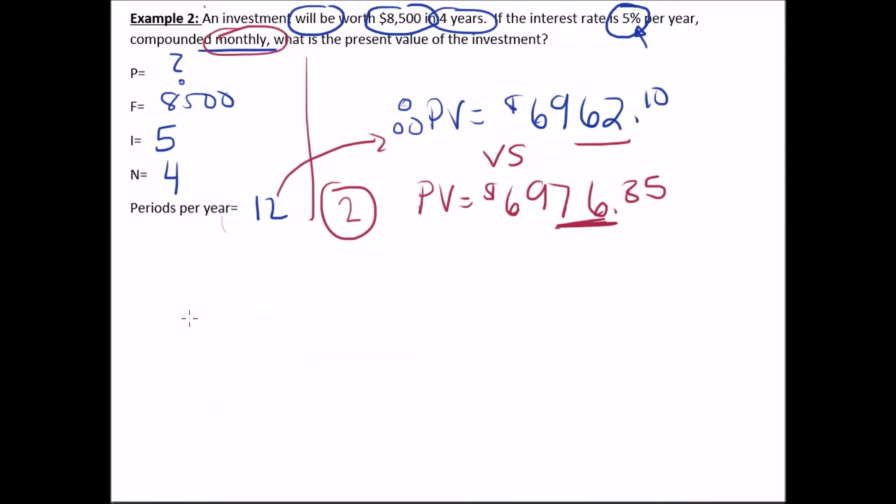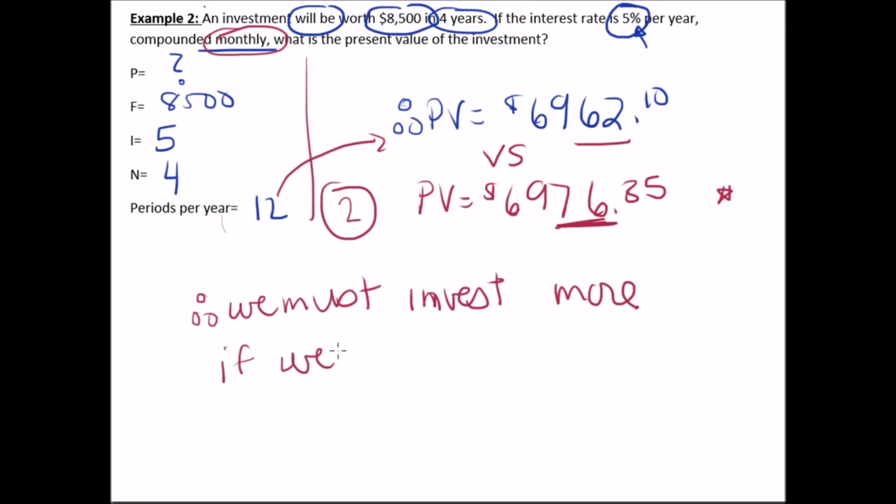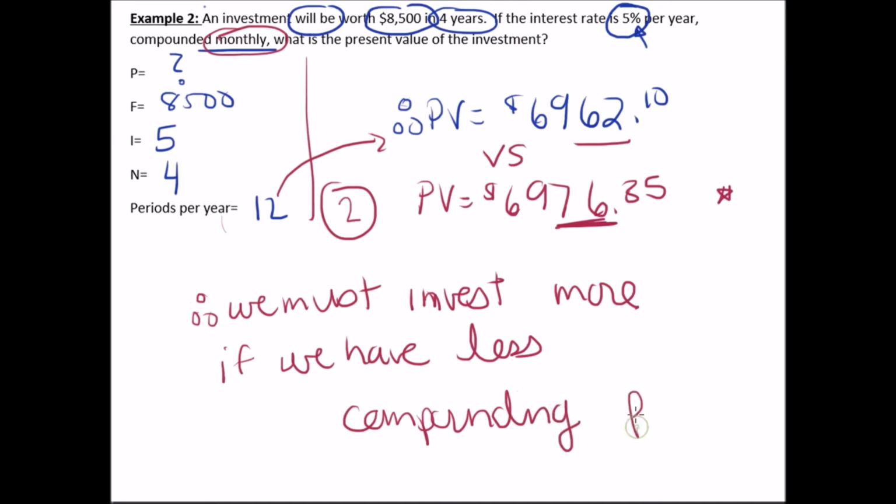So therefore, we can just come to a conclusion: we must invest more. And we have to invest more because it's not going to make as much money. So we have to close that gap between what we invested and that 8,500. So we must invest more if we have less compounding periods. Okay? And that's just an observation that we can make.